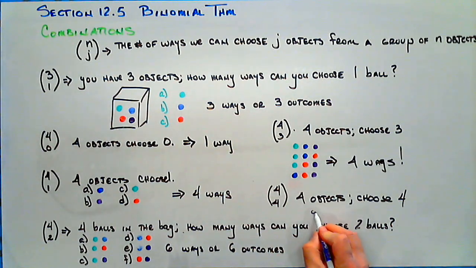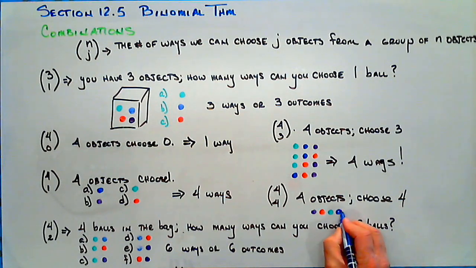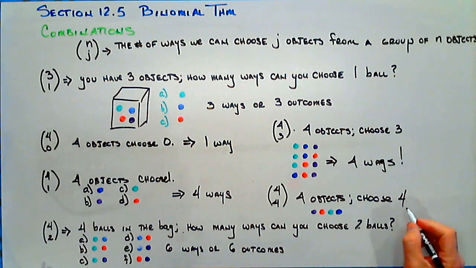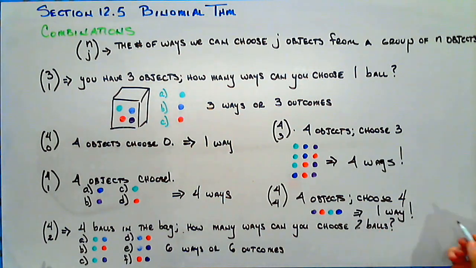We pull out the purple ball, the red ball, the green ball, and the blue ball all at the same time, right? Because we have to choose 4. So there is only one way that this can happen.